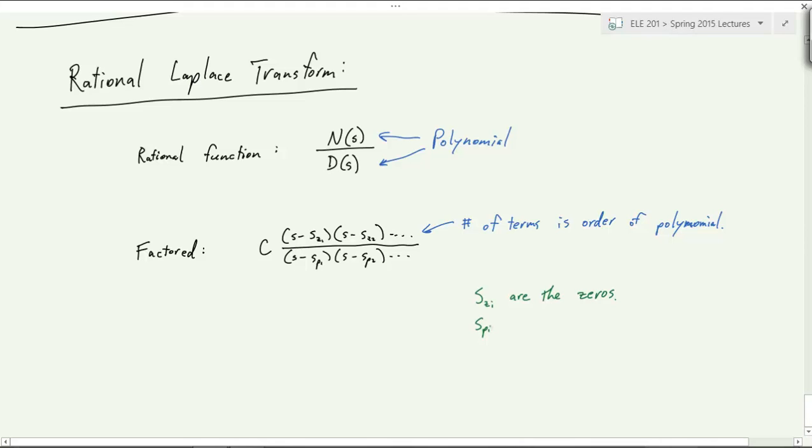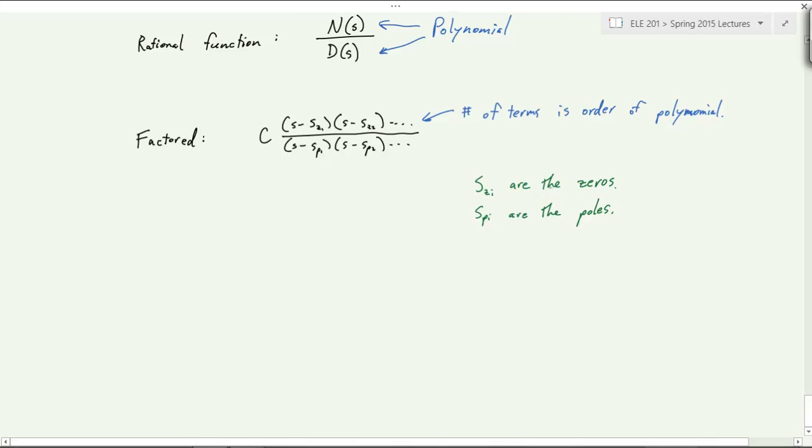And the denominator roots are the poles. Now it's easy to see, of course, I've said that any rational function can be factored this way. The set of parameters here is c, and all of these SZs and the SPs are the parameters. They define your rational function. So really what that means is your set of zeros and your set of poles define everything important about the function except for this constant c, which often we won't care too much about.